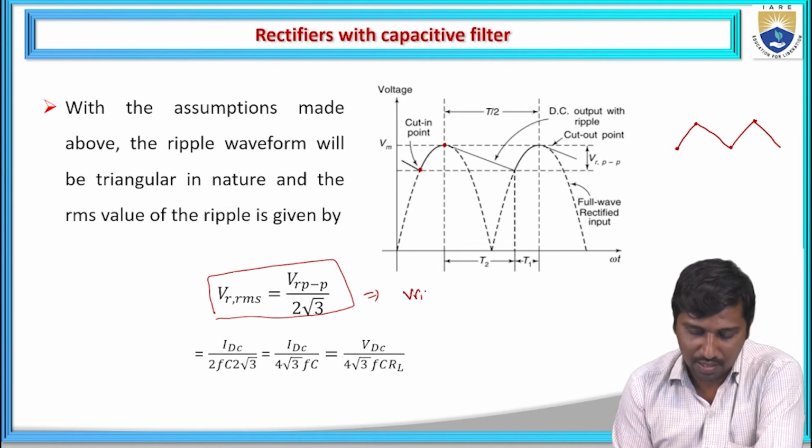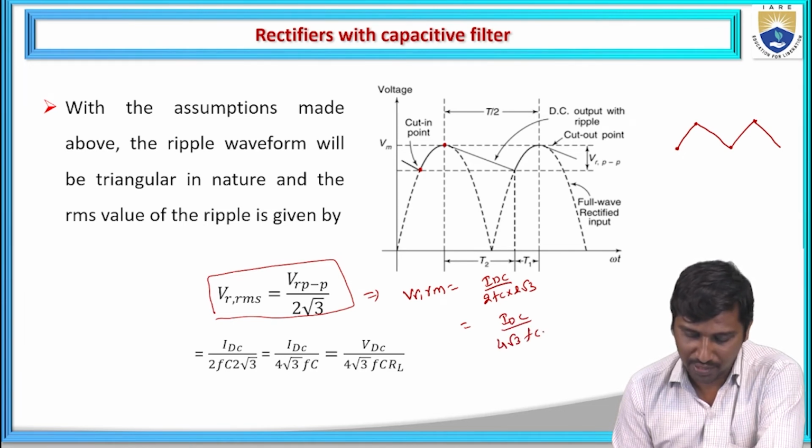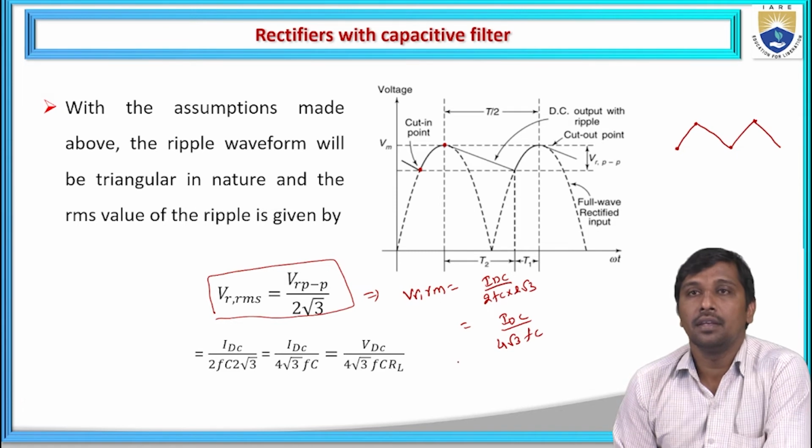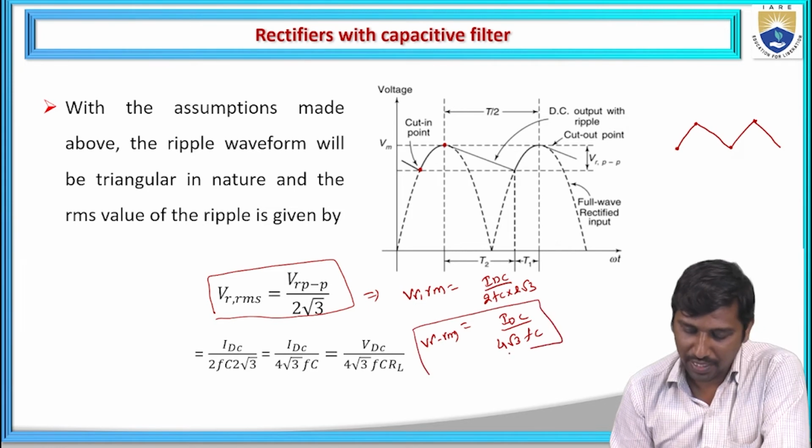So this VR RMS value is equal to IDC by 2FC into 2 root 3, which becomes IDC by 4 root 3 into FC. This is the RMS voltage of the triangular waveform.